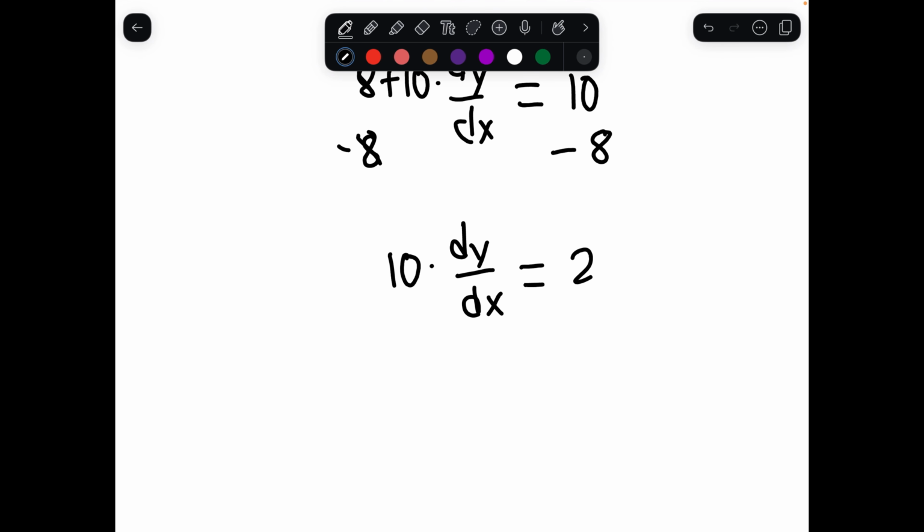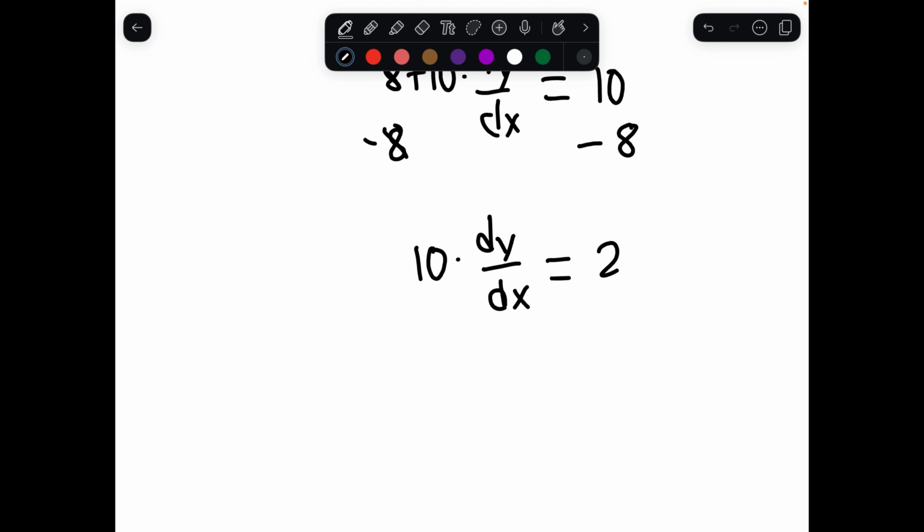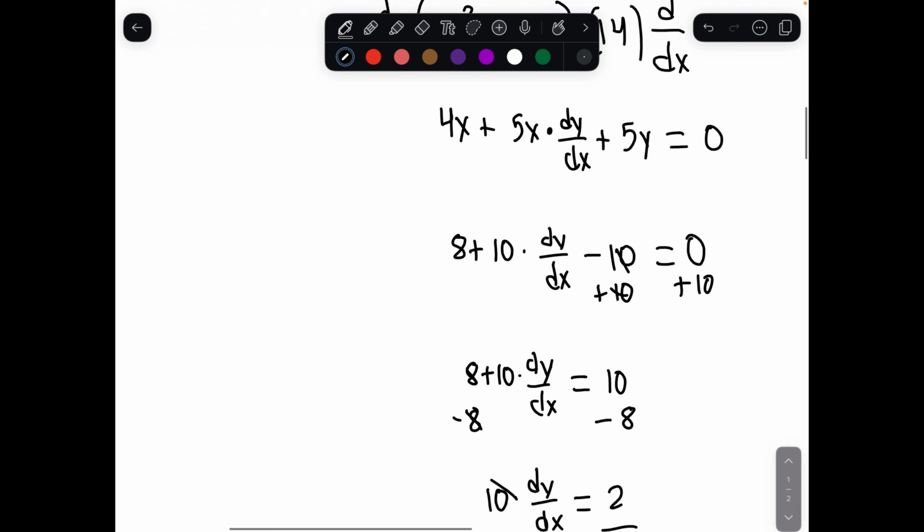And now we're solving for dy/dx, which is a slope, because dy/dx is the change in y as x changes, and the slope is the change in y over the change in x, right? Divide by 10. So you get dy/dx to be 1/5, as 2 over 10 simplifies to 1/5. So our slope is 1/5.